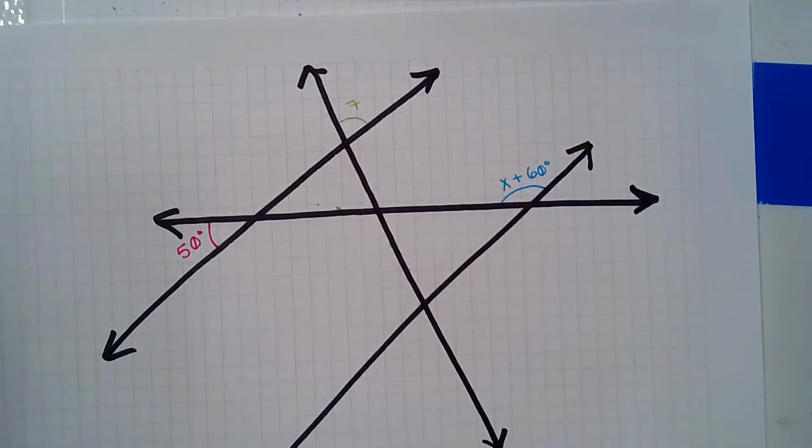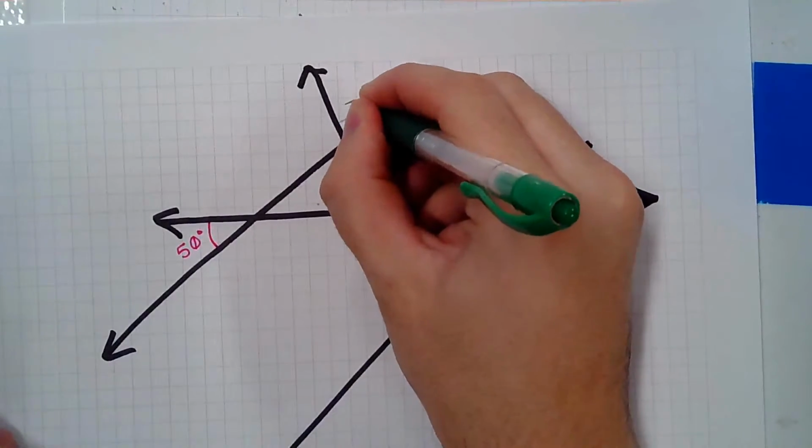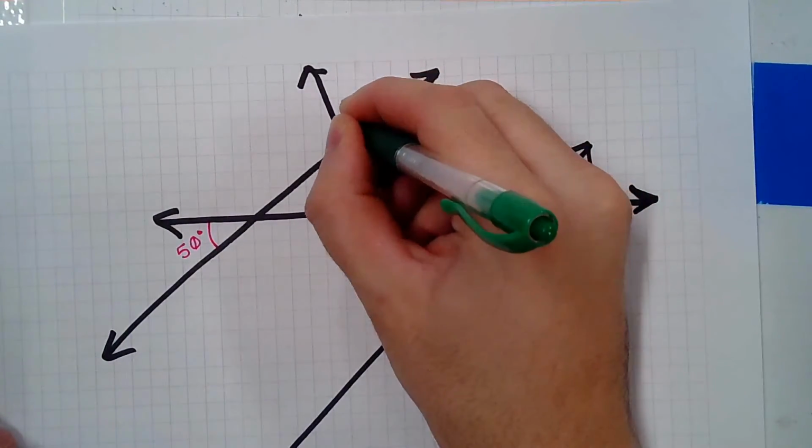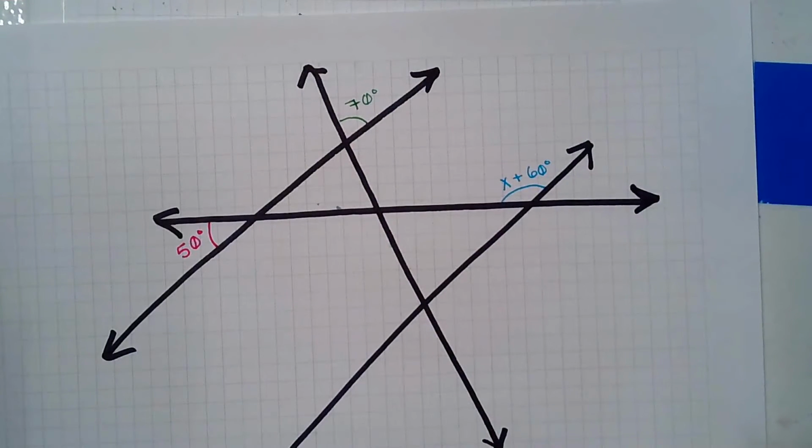Sorry, that's not showing up very well. Let me use this color green. That's 70 degrees. 70, not 7.